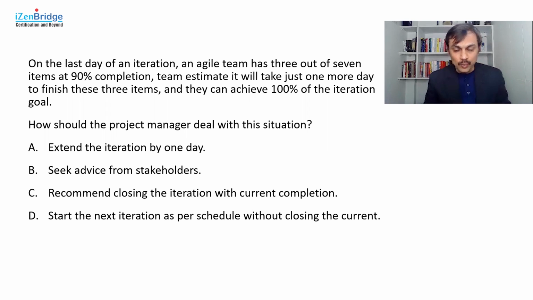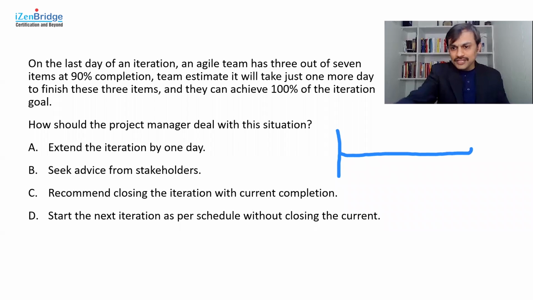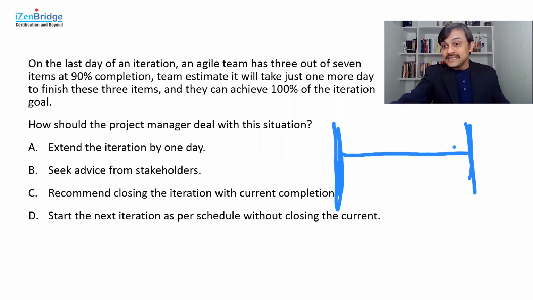Extending the iteration by 1 day. Now, in general, when we talk about time boxing, it means the iteration has to finish on the day we have predicted. The iterations we are running are expected to start and finish on a defined date. We cannot breach that.